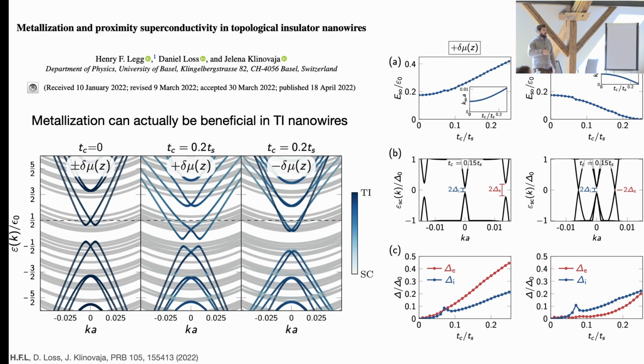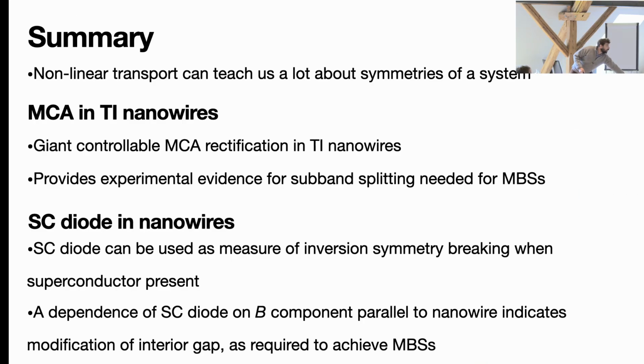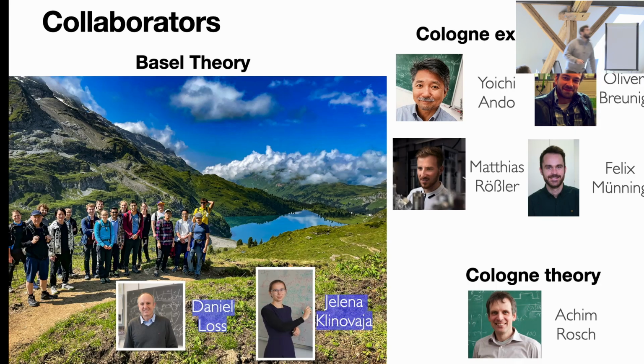Okay, so that's how it works. Let me quickly say the main people involved; there are many more that I haven't shown here. From the Basel side, the main people are Daniel and Yelena. This is our group photo. Group retreats in Switzerland are really nice. I think Alex is just somewhere here.